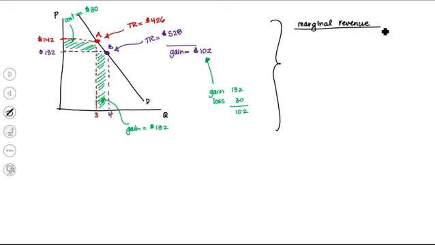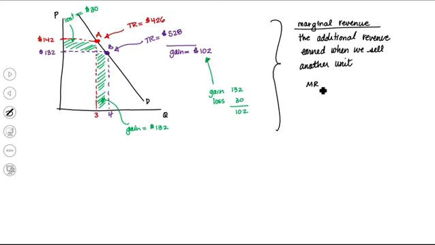Marginal revenue, if we put it into words, is the additional revenue earned when we sell another unit. The additional revenue earned when we produce and sell another unit. So in this example, it was 102.